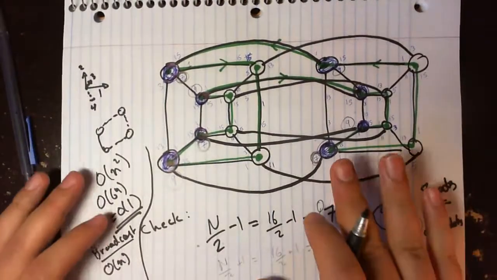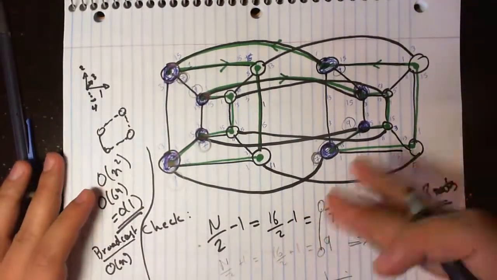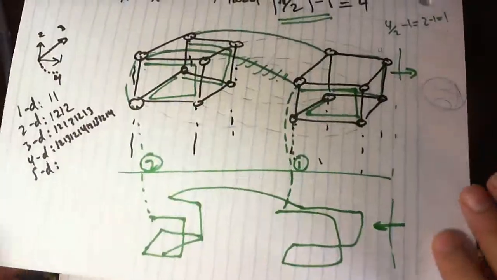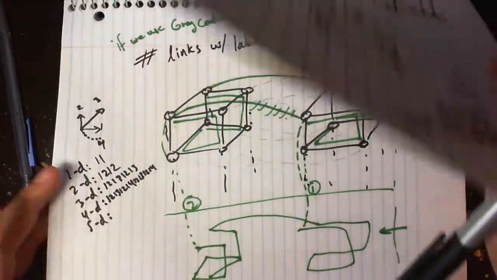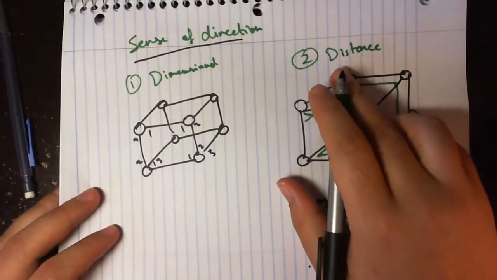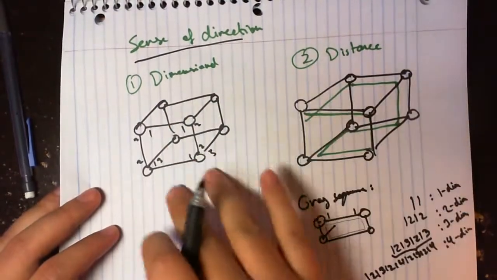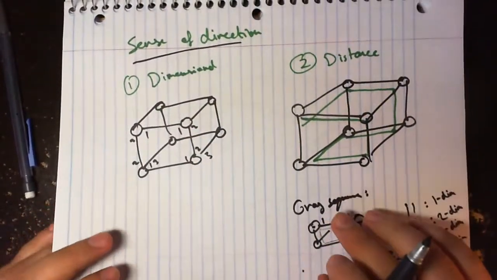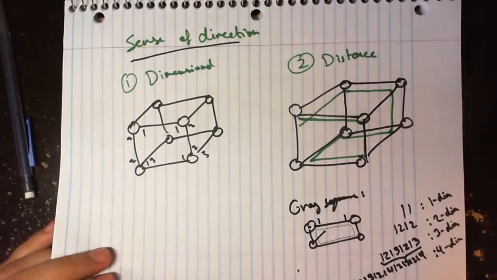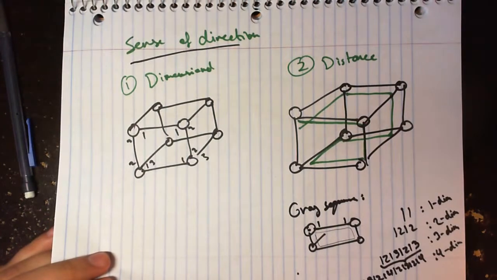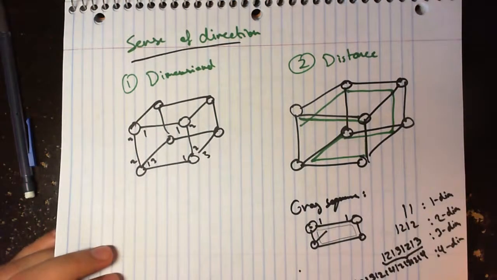Now, what's really unique about this algorithm and the next one, we saw the distance. We just did the case for the distance sense of direction. We're gonna do the dimensional, but what's nice to remember about both of these is what makes them unique is that the method in the paper doesn't build a spanning tree before it starts.